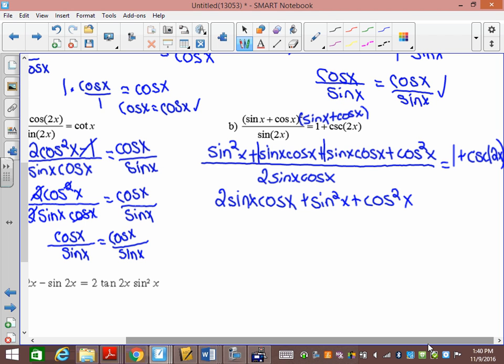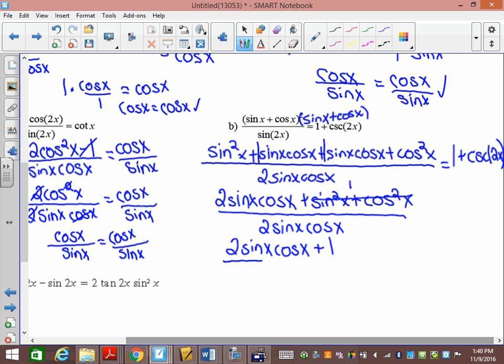So I can just cross these out and they become a 1. So I technically have 2 sine x cos x plus 1 over 2 sine x cos x.